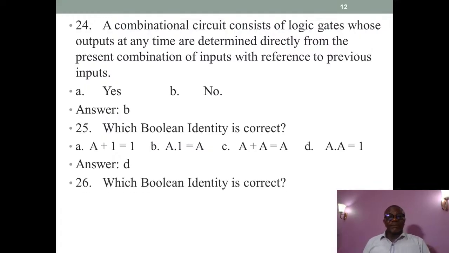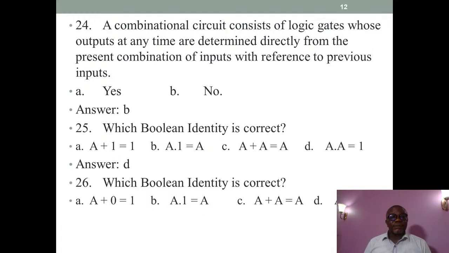So again, which Boolean identity is correct? A: A or 0 is equal to 1. Do you think? B: A and 1 is equal to A. Do you agree?